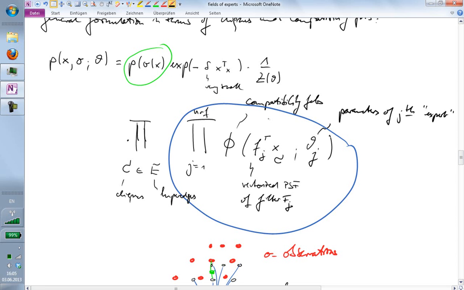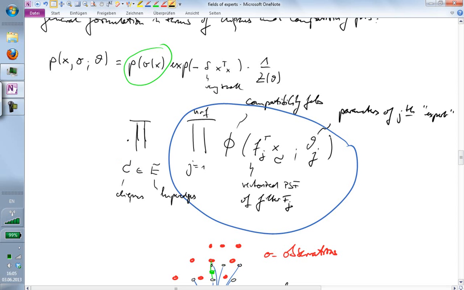The expert is a function that tells you in a local context what should have high or low energy or high or low probability. So we have overall a prior for the entire image, but this prior is constructed from a product over cliques only. And these cliques are strongly overlapping.